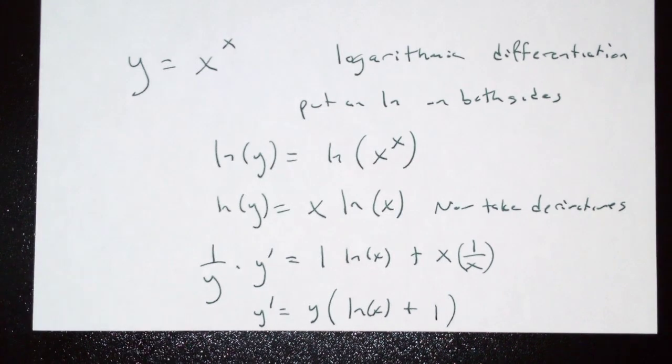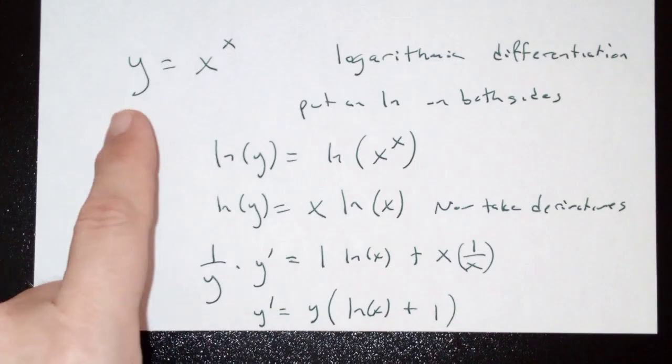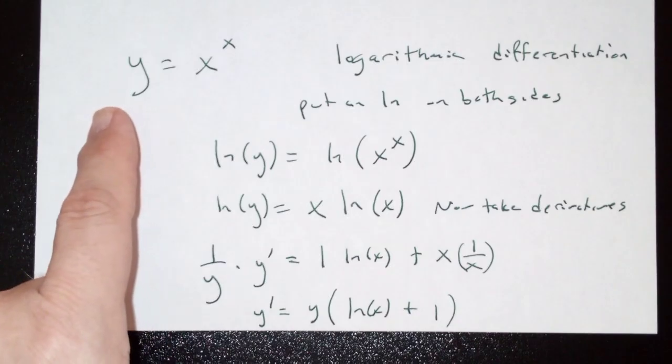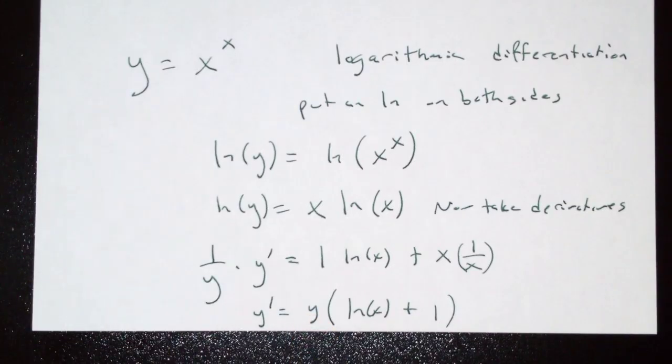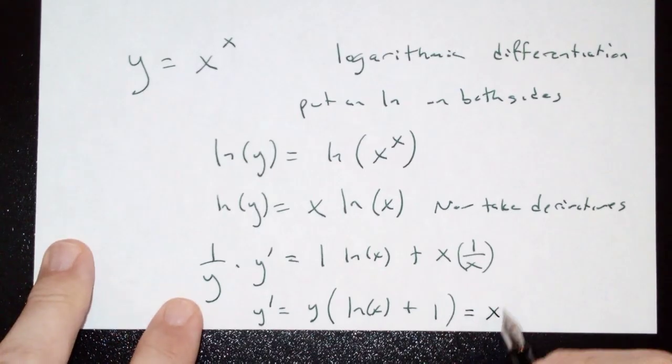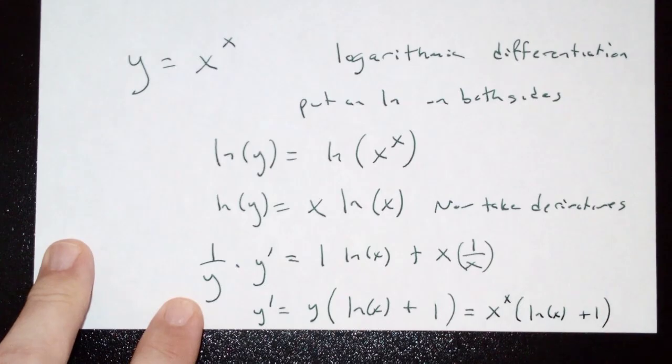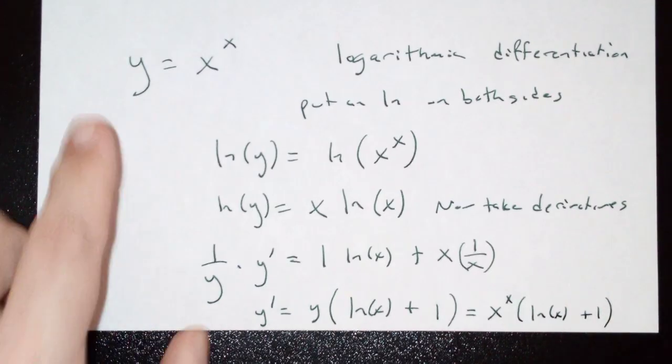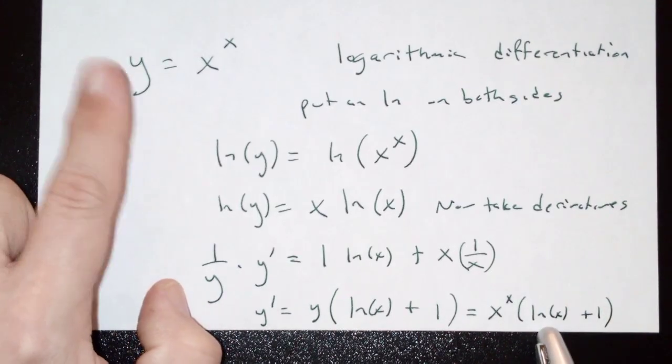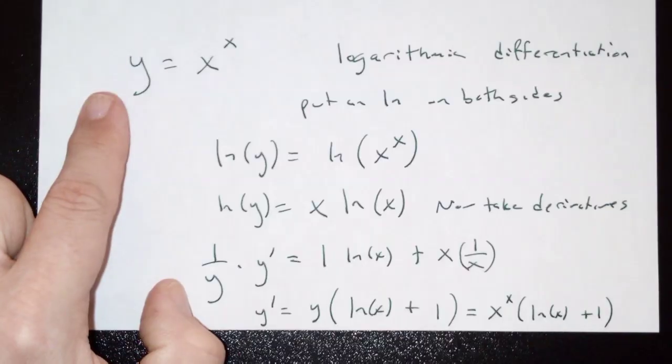Now, implicit derivatives had y's and x's mixed together, yes? But I know what y is supposed to be, so I'm just going to plug that right back in here. I'm going to write that as x to the x times ln of x plus 1. And there's an explicit formula for an explicit derivative.